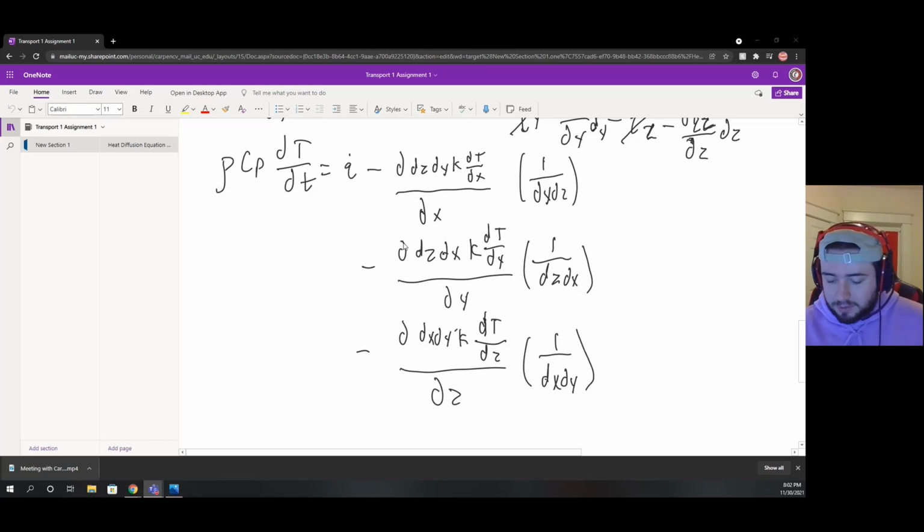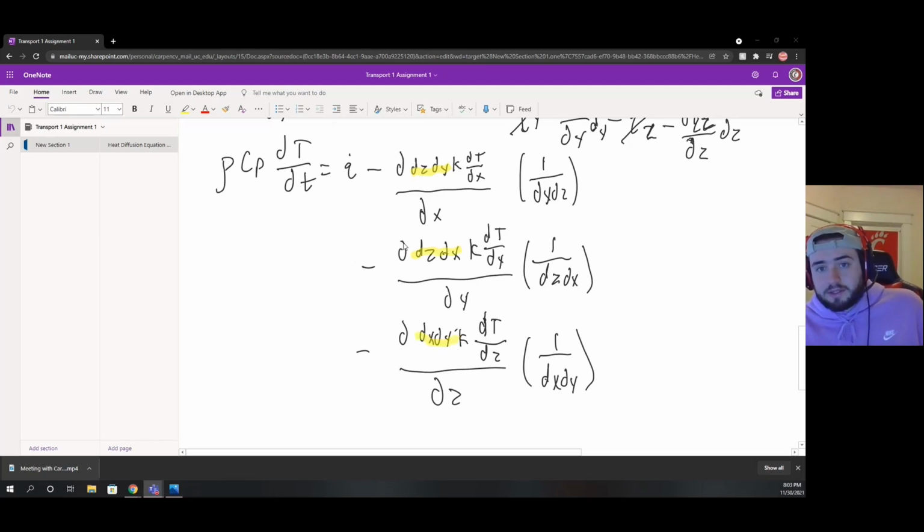All right, so now we're going to break down this equation further. So if you look here at this dz dy, these terms have no effect on the partial differential of x. So we can actually bring those terms out front of the differential. Same with these terms and same with these terms.